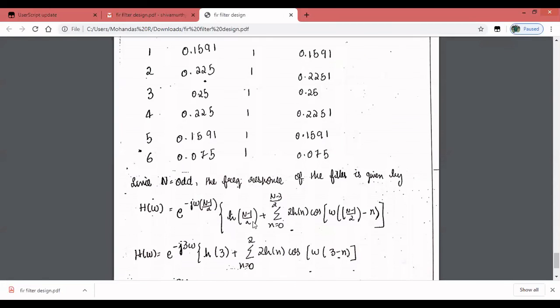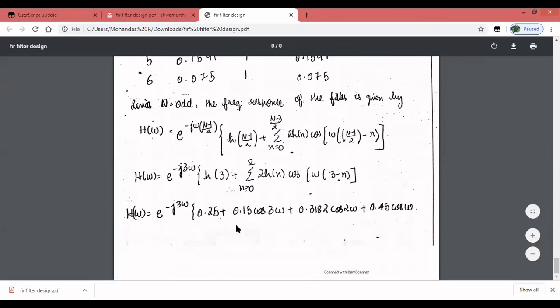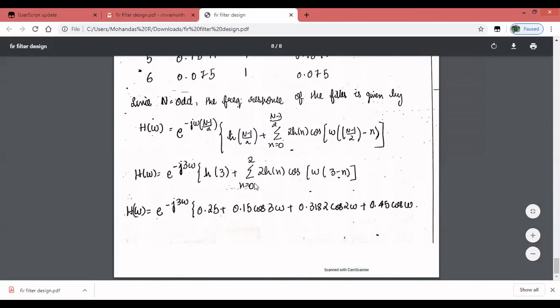Substituting here in this particular formula, we know that my alpha, (N minus 1) by 2, which we have substituted, is nothing but 3. So e to the power of minus j 3 omega into h(3) plus summation. Substituting the value of N here: what is N? N is equal to 7. 7 minus 3 is 4, and 4 by 2 is 2.